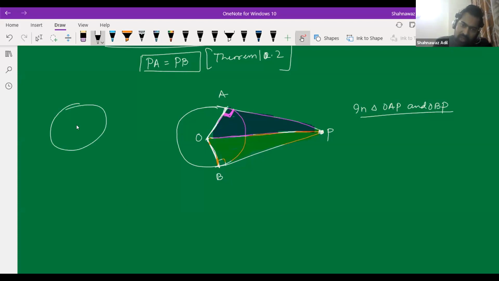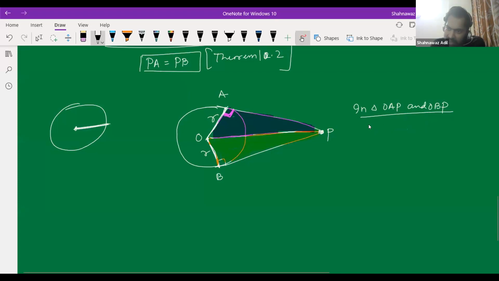That's the radius. So OA and OB are radii, so OA equals OB.